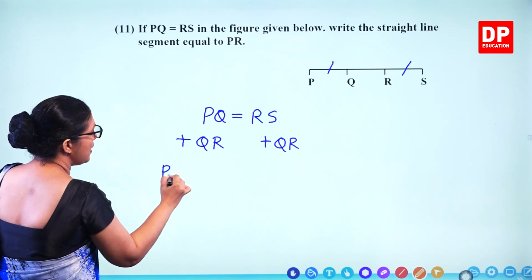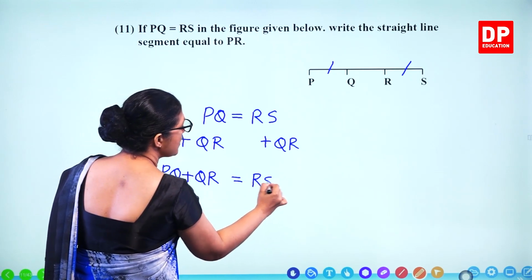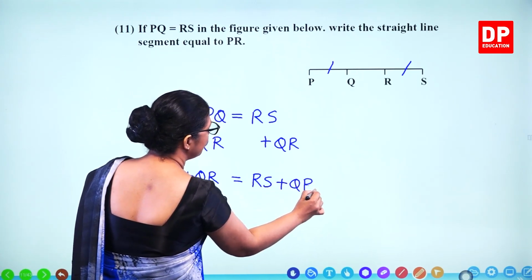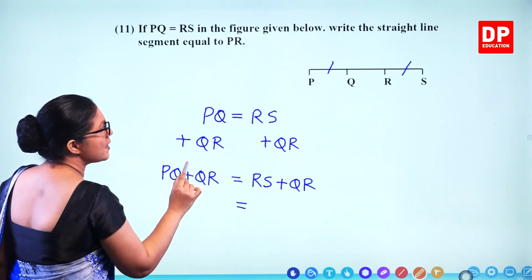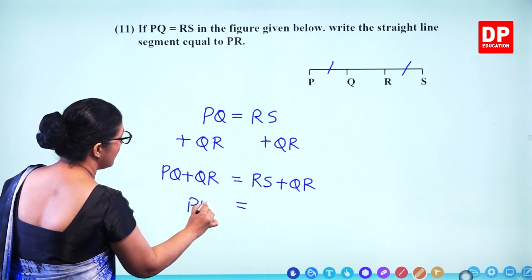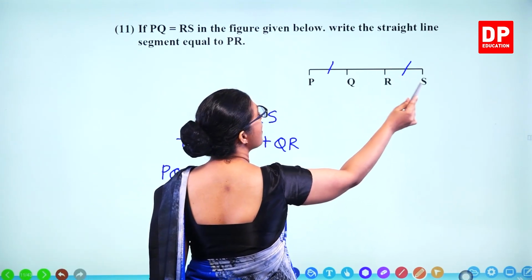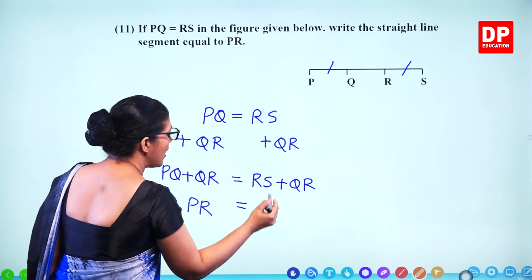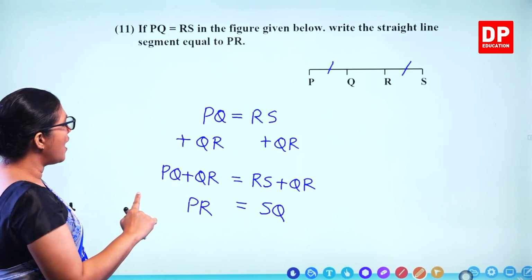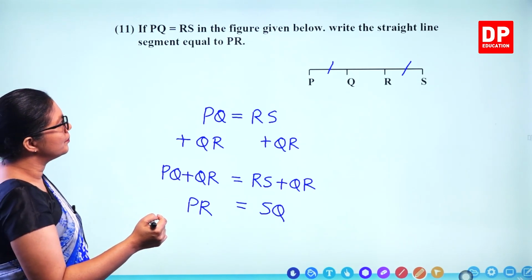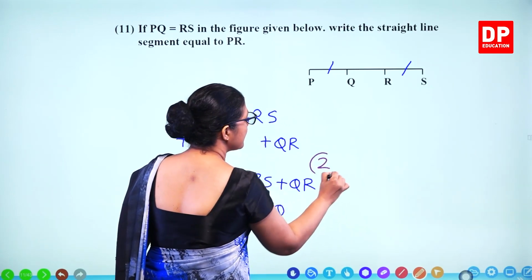I get PQ plus QR is equal to RS plus QR. PQ plus QR becomes PR. So what is RS plus QR? That's QS or SQ. So what is the length equal to PR? That's SQ. 2 marks for identifying that.